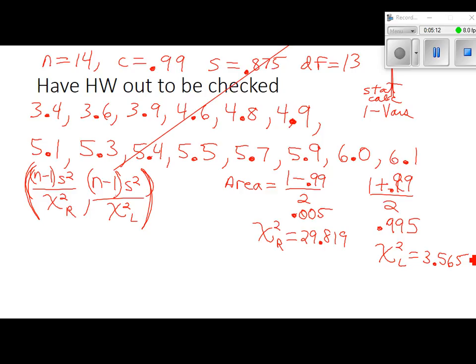Then we just plug in here. Just grab your calculator.